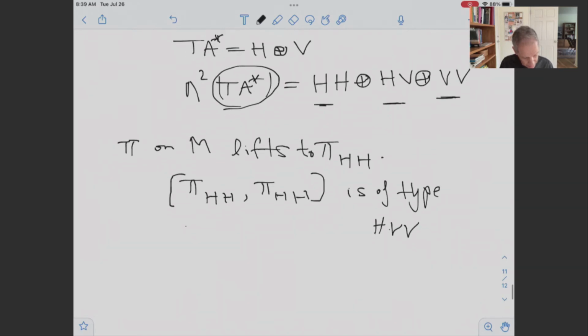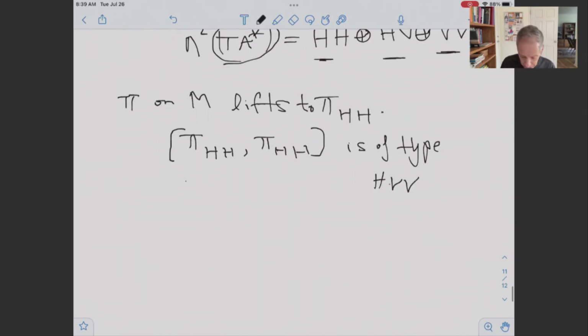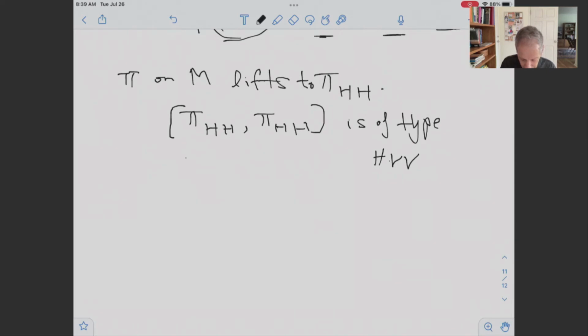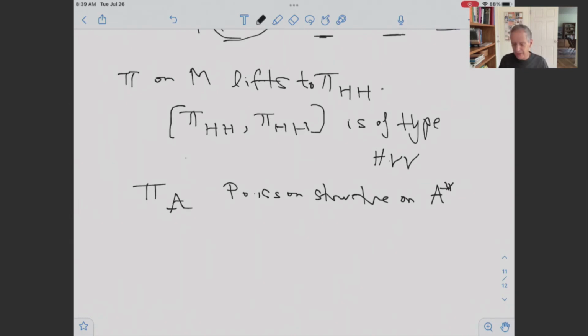On the other hand, we also have, of course, on a Lie algebroid, a natural Poisson structure on the dual, on A star. We know that there's a natural Poisson structure on the dual of a Lie algebroid.